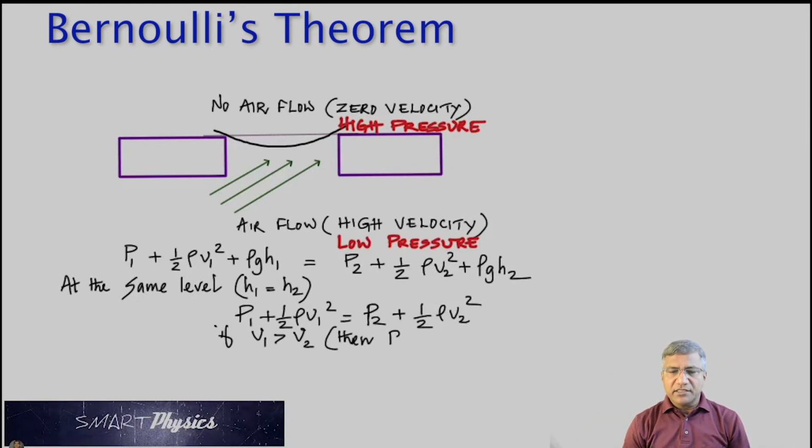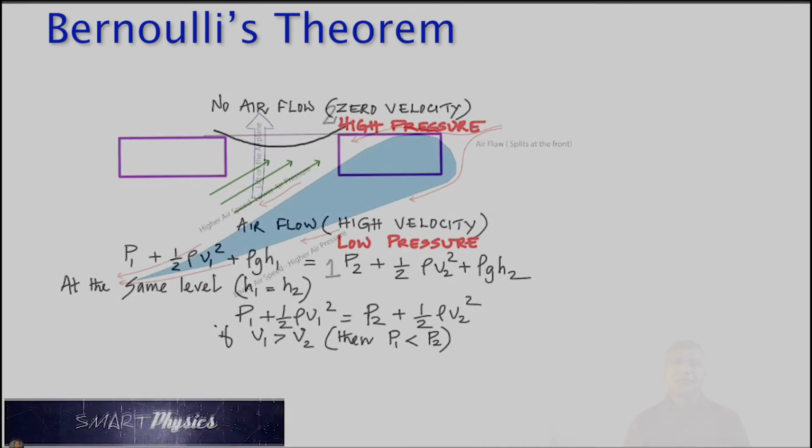So in that case, that term vanishes, and now it's very easy to understand that if V1 is greater than V2, then P1 has to be less than P2 for the total to be the same on either side. So that's why we say that where the speed of flow is higher, the pressure is lower.